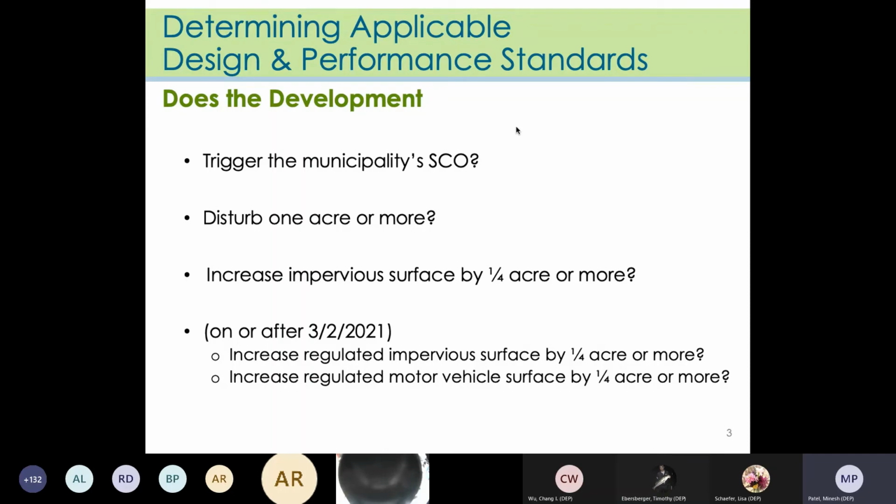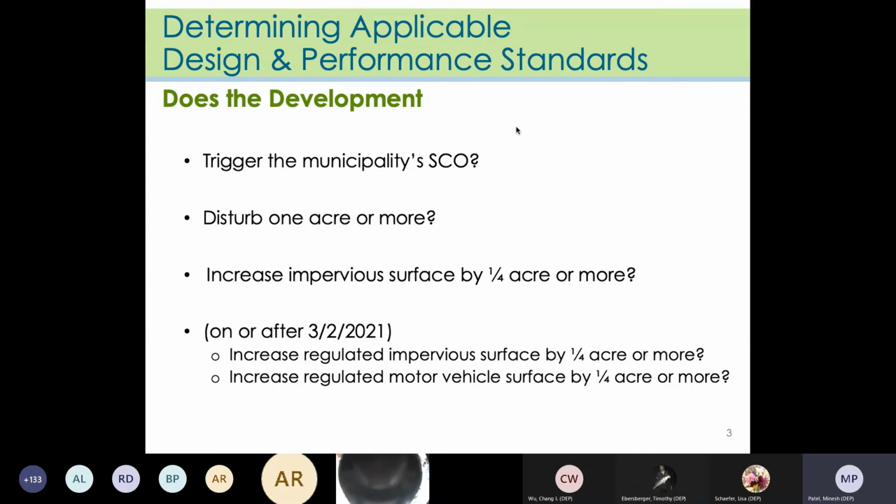As you know, there are different triggers per municipality for a major development. Are you disturbing 1 acre or more? Are you increasing regulated impervious coverage by a 1/4 acre or more? Are you increasing regulated motor vehicle coverage by a 1/4 acre or more, or maybe even some combination of the two? These are key things that you should be looking at when you're reviewing projects.